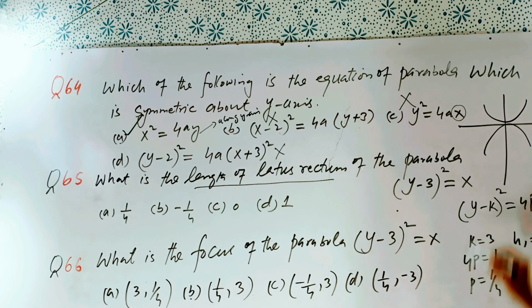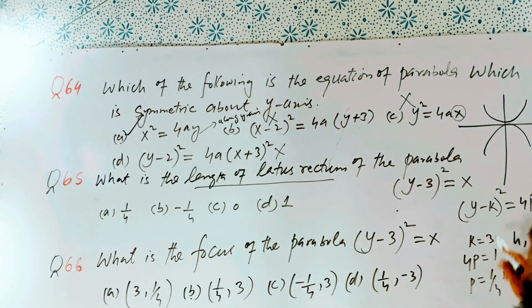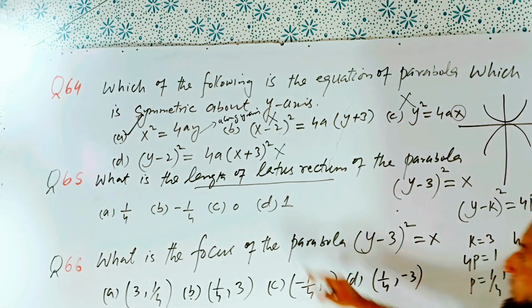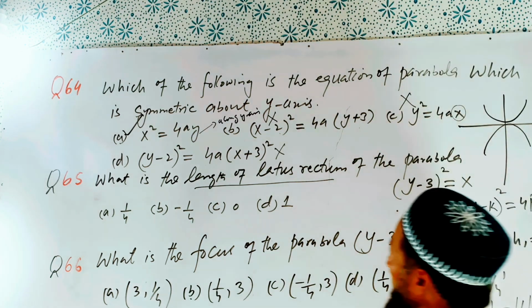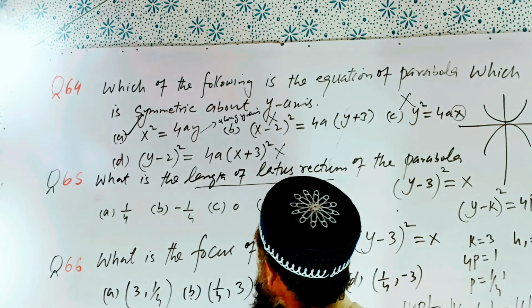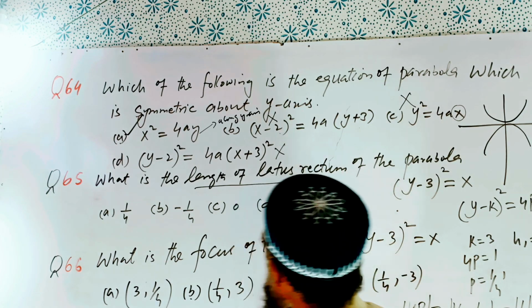If we compare with this standard form, h and k are the shift units. Here the length of the latus rectum is required. So 4p is equal to 4 times 1/4, both cancel. So the absolute magnitude is equal to 1. And here option D is the correct option.